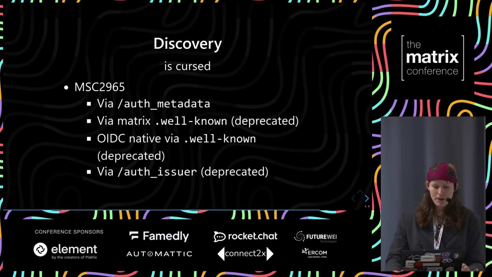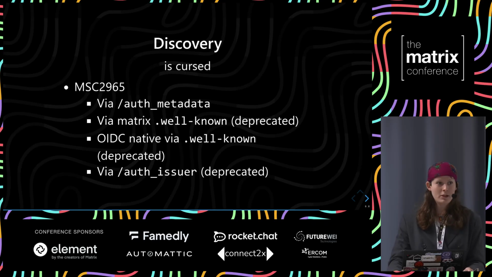Also, in between times, there was the /auth_issuer API endpoint, which was also later deprecated, but for compatibility I decided to still implement all four of them. So if you use the Matrix Rust SDK to try to discover the IDP of your homeserver, it will try all methods up to the moment it finds anything.